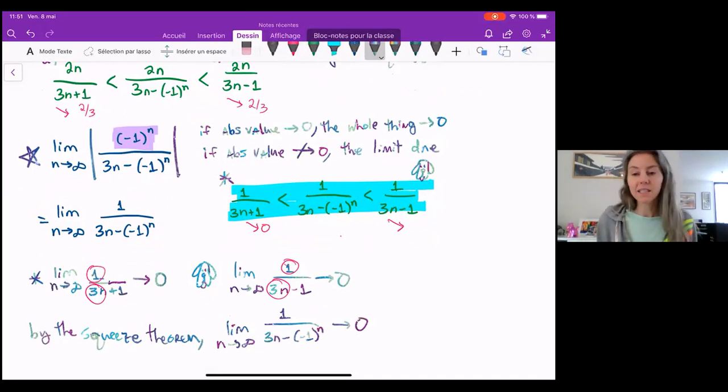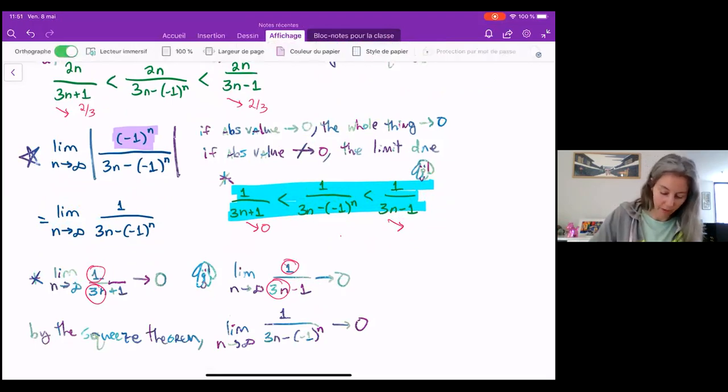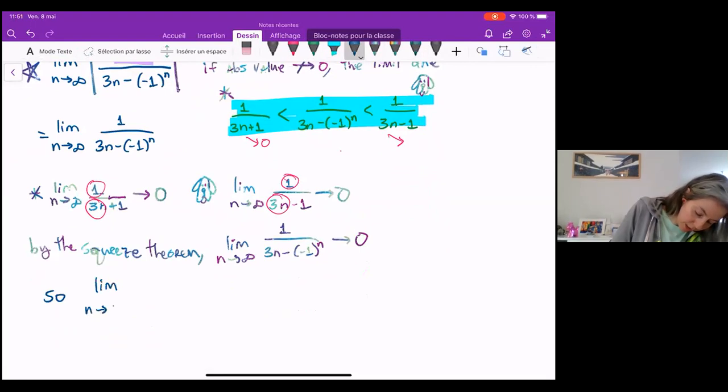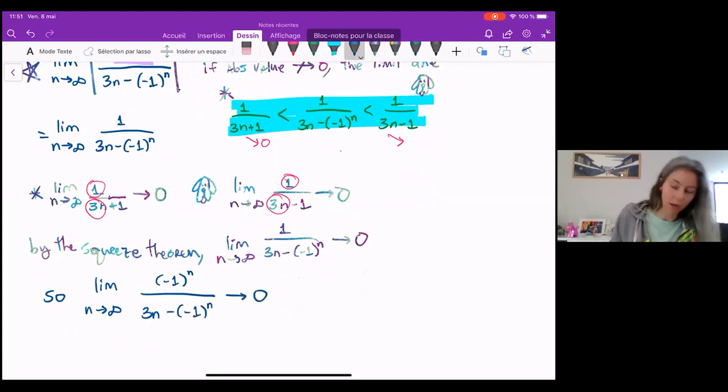But then that means that the original thing was also going to 0. So this tells me then that this limit right here, the limit as n approaches infinity of -1 to the n over 3n minus -1 to the n, is also going to 0.